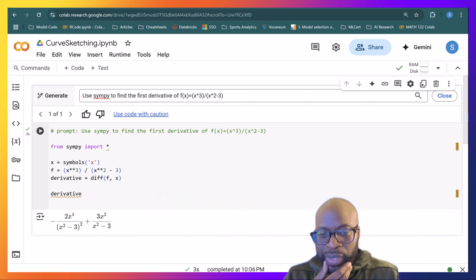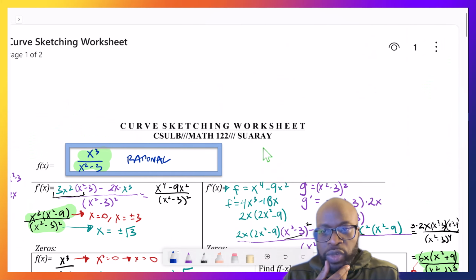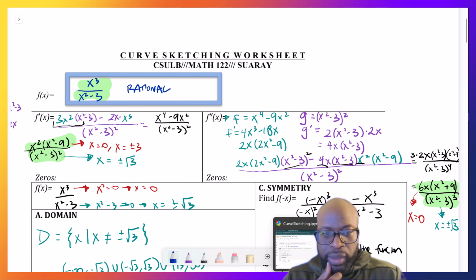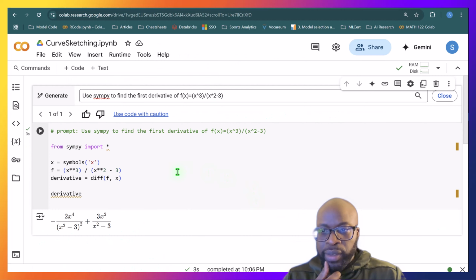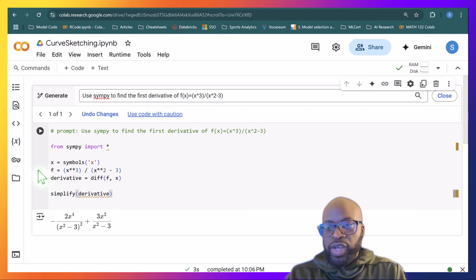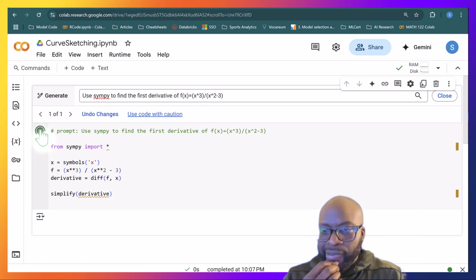Is that the same thing that we got? What we got for the derivative was this over here. It does not look the same. Okay, and so going back to Python, what can we do? Well, if we just use that simplify function, you see what we get.